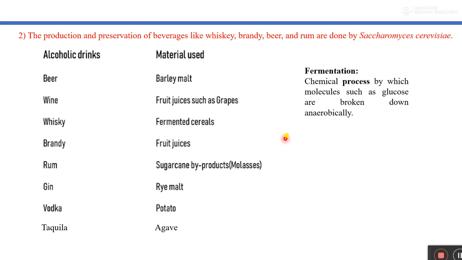And fermentation is the chemical process by which molecules such as glucose are broken down anaerobically. So this information is also very important for all of you, especially those who are preparing for the JRF in plant science stream.